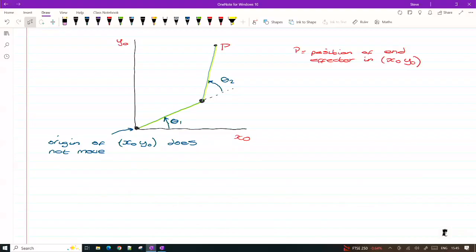Okay, and P is the position of our end effector mount point, which is the end of that link, with respect to our fixed base coordinate frame, x0, y0. So once we pose the robot, remember this is forward kinematics, we set the joint variables and we want to know where the end of our robot arm sits. So we need to calculate the position of P with respect to our fixed base coordinate frame. So that's the process I'm going to go through.